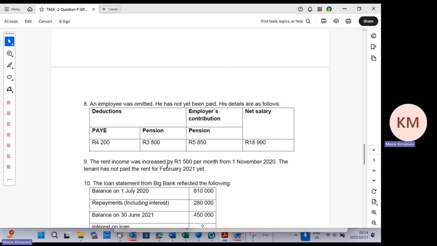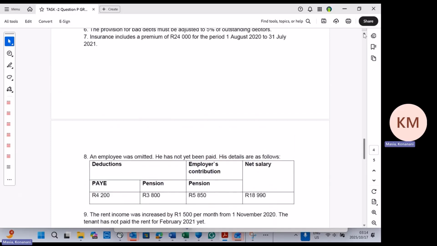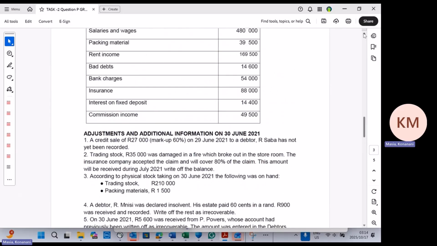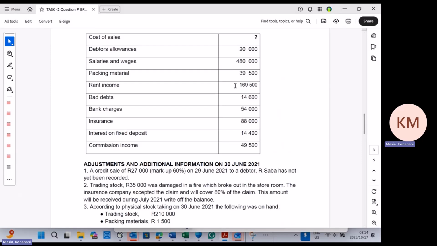Therefore, the amount of 169,500, which is provided here, already includes this increase of 1.5. But the month of February, which also includes the increase of 1.5, has not yet been accounted for in this 169,500. But I need to include it.